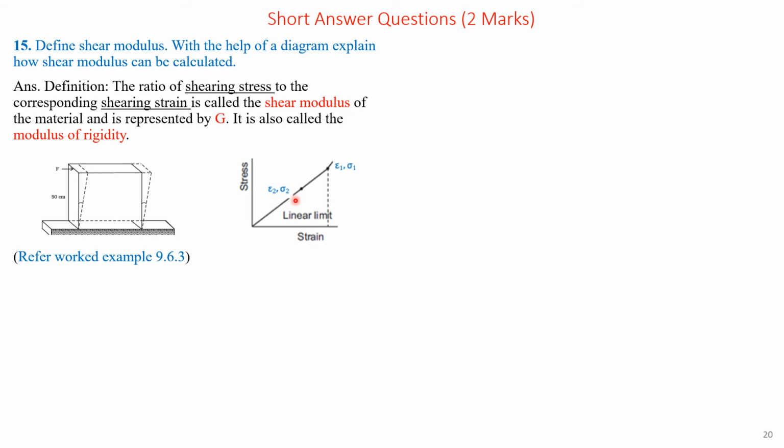And we can calculate the value of G using the formula. Please note strain is on the x-axis and stress is on the y-axis. Hence, the coordinates are epsilon 2 and sigma 2, or epsilon 1 and sigma 1.